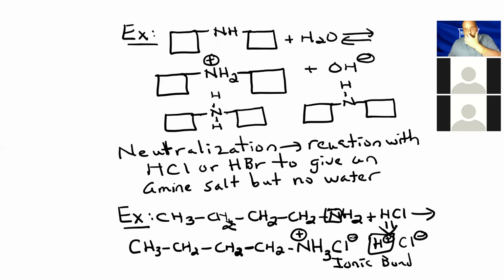And remember, your salts are recognized by having ionic bonds. What type of salt is this? This is an example of what is known as an amine salt. So this is the amine salt that would be generated here. And notice, no water being generated from the process.